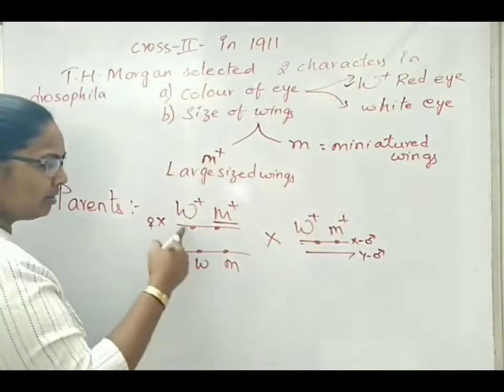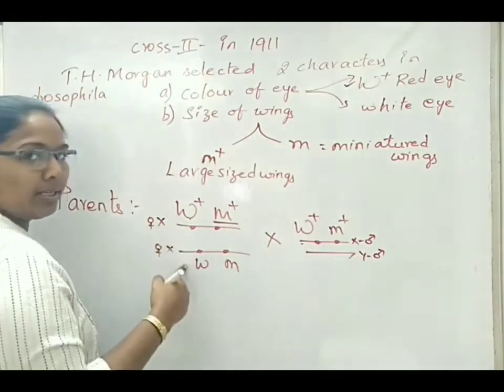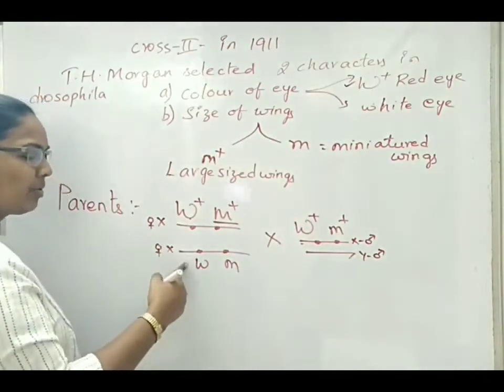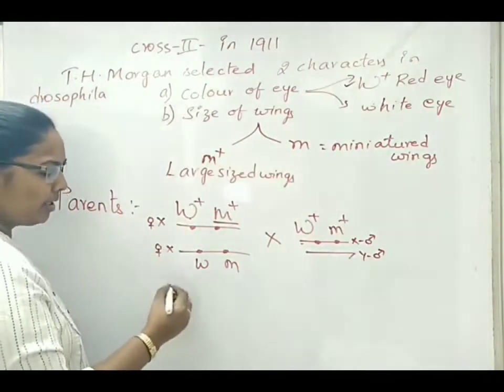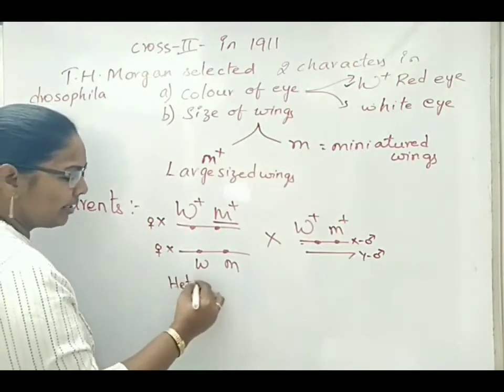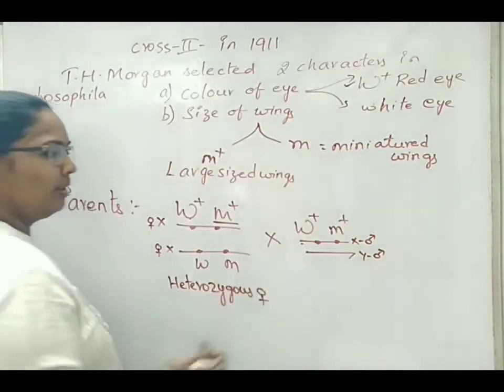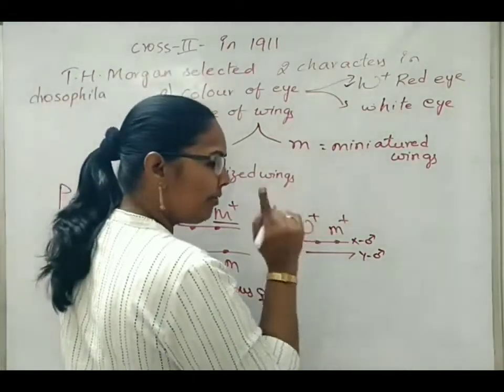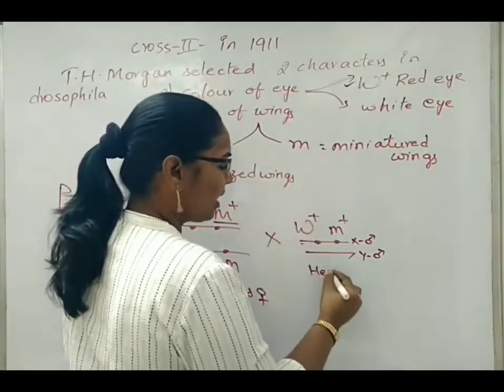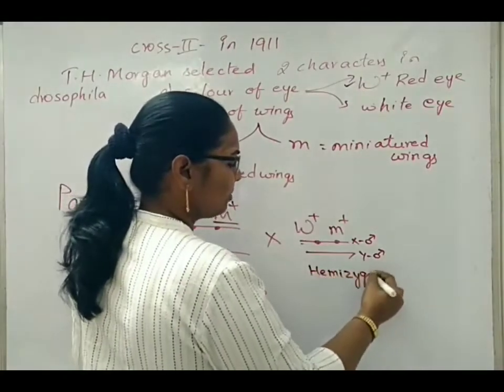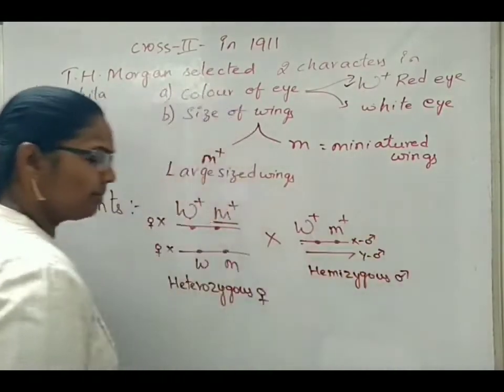How can we write this one? When dominant alleles and recessive alleles are present in the same type of chromosomes or in the organism, then it is considered as heterozygous female. Now here there is only one X chromosome, so we can call it hemizygous male.